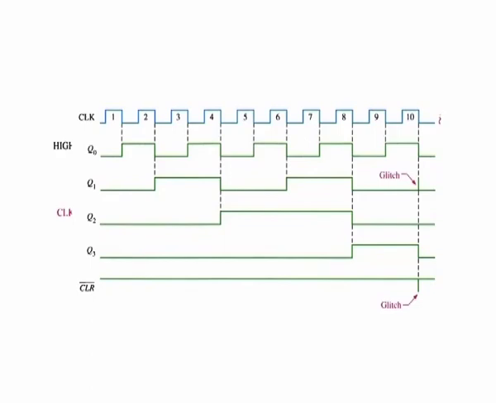Thus, the counter is in the 1010 state for a short time before it is reset to 0000, producing the glitch on Q1 and the resulting glitch on the clear bar line that resets the counter.